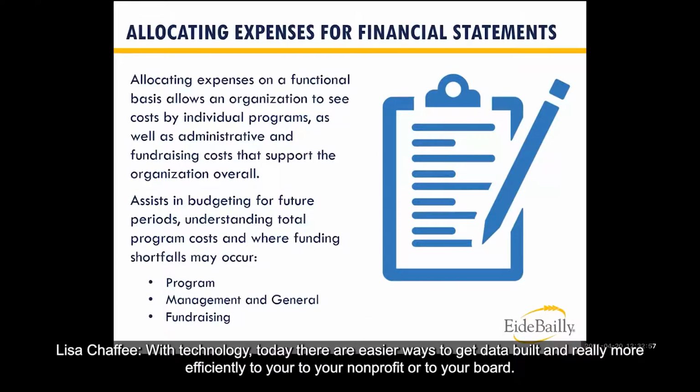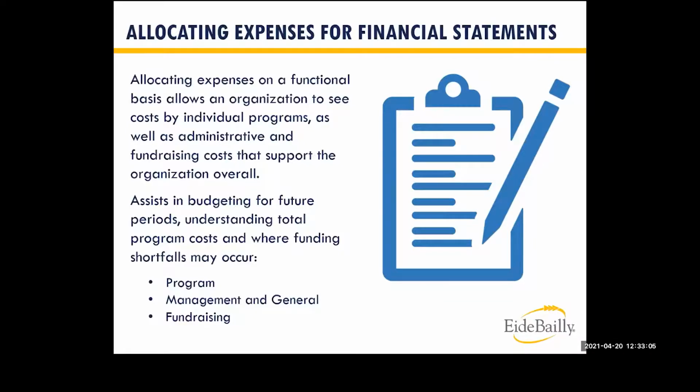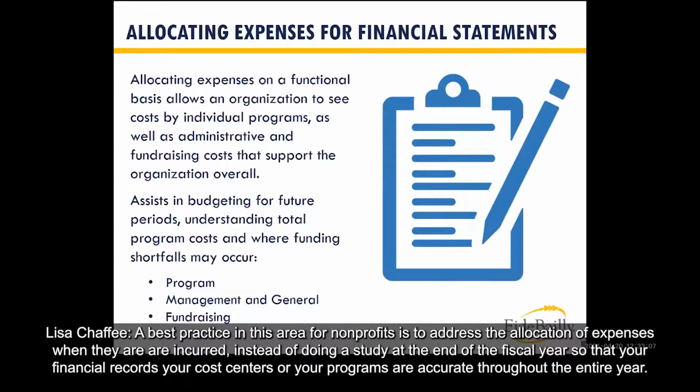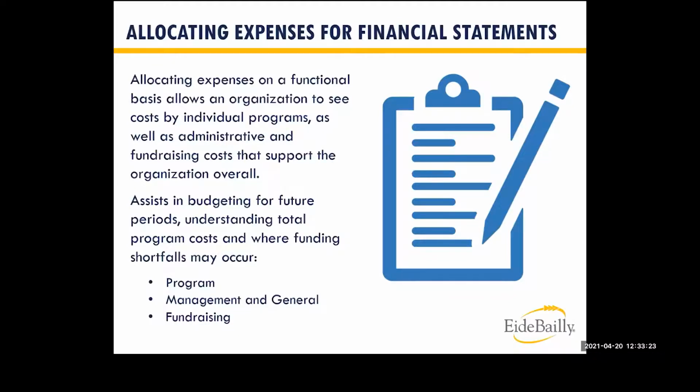With technology today, there are easier ways to get data built and really more efficiently to your nonprofit or to your board. A best practice in this area for nonprofits is to address the allocation of expenses when they are incurred instead of doing a study at the end of the fiscal year, so that your financial records, your cost centers, or your programs are accurate throughout the entire year.